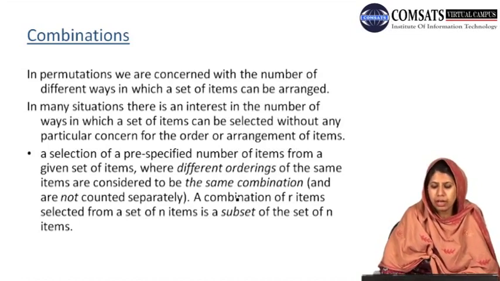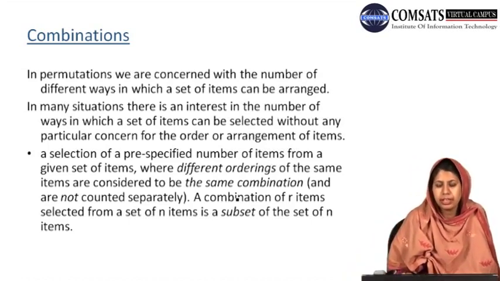A combination of r items selected from a set of n items is nothing but a subset of the set of n items. That is, a combination is basically a subset of a permutation.